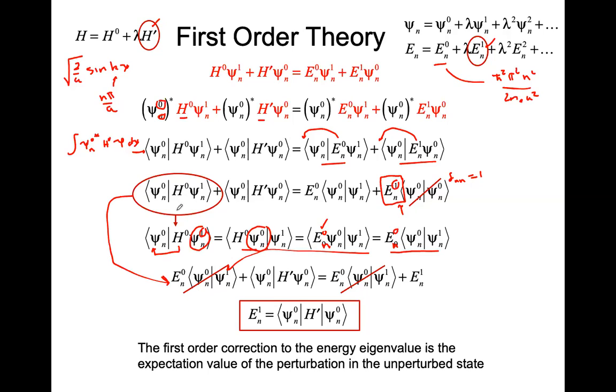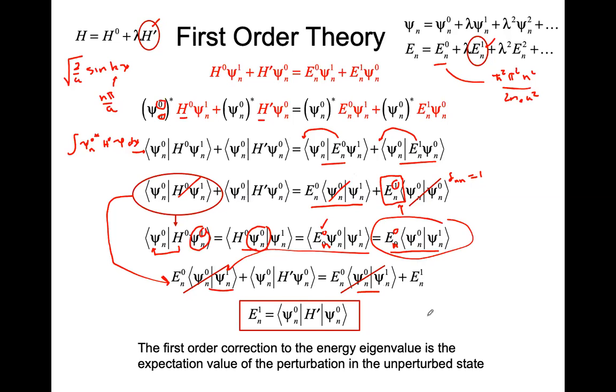So when I took that term, exploited the Hermitian nature, knew what to do with the Hamiltonian on the regular wave function, I put that right in there. And what you should notice is it's exactly the same as that term right there. So those two cancel. Once you've done this correction here, they cancel. Boom. And if I solve then for the first order energy correction, it must be what's left.